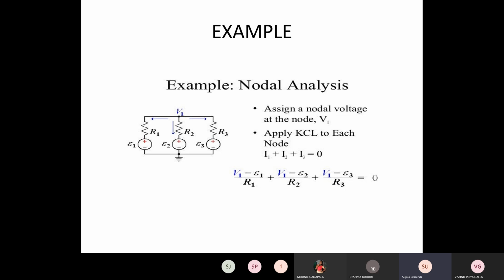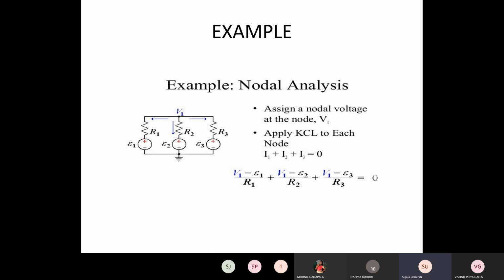Generally we say V1 by R1, V1 by R2, V1 by R3. But why do you take this E1, E2 and E3? Because the resistance is in series with this voltage. Whenever any voltage is in series with a resistor, you write down those equations.